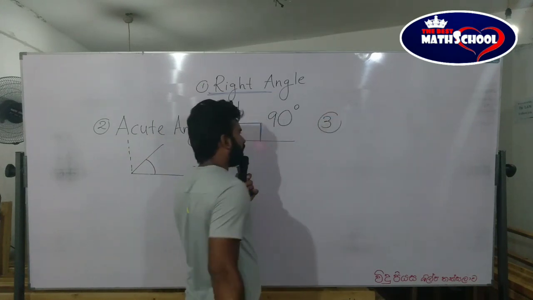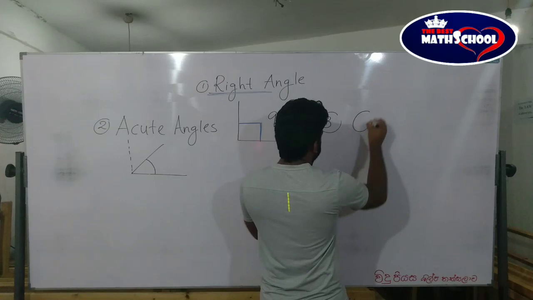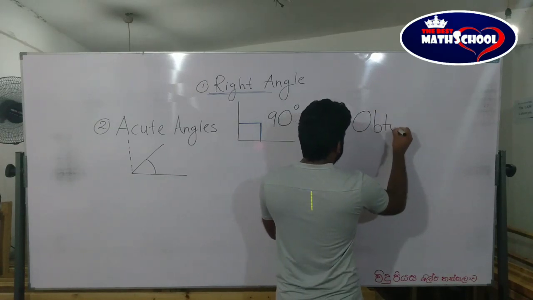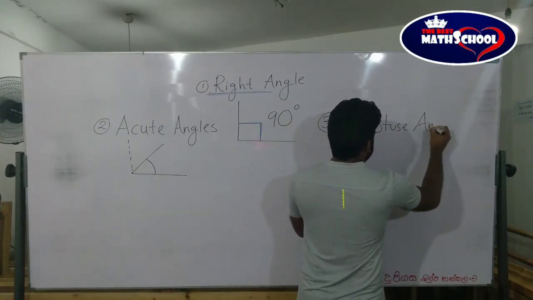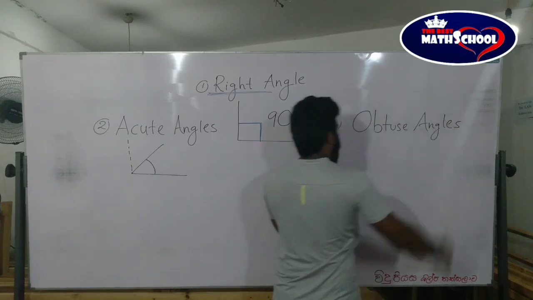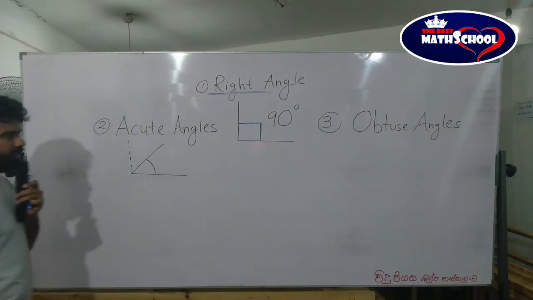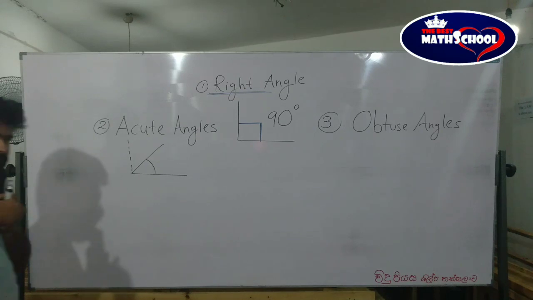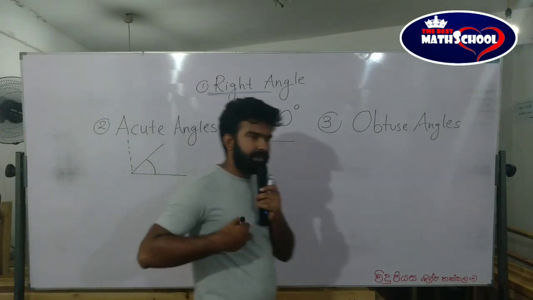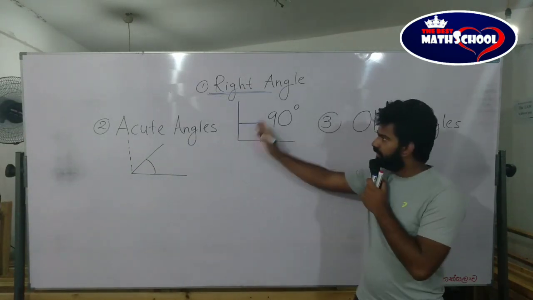The third one, obtuse angle. Write down the topic number 3, obtuse angles. So now when we take angles, we got a right angle first, right?